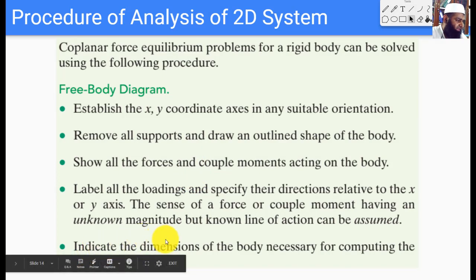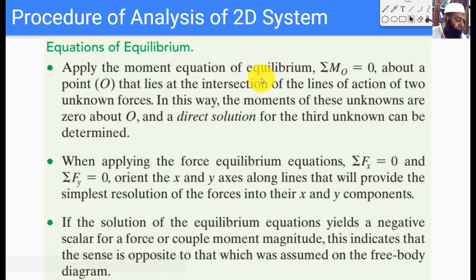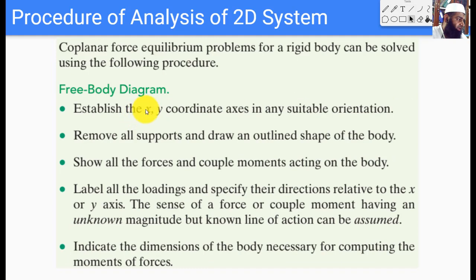And we would also indicate all the dimensions of the body which are necessary for computing all the unknown forces.